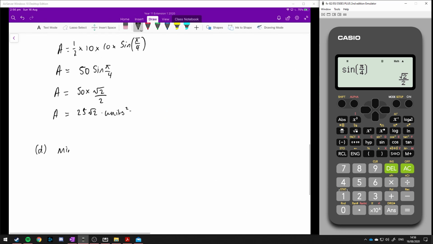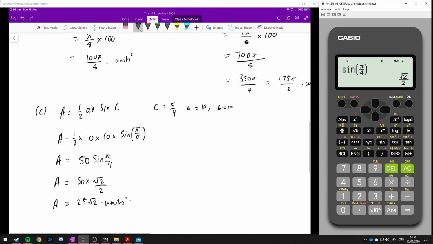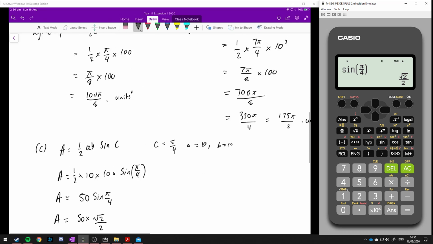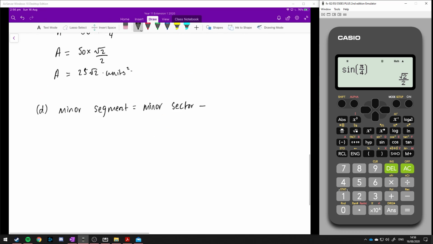So the minor segment is equal to the minor sector minus the triangle, so minus triangle AOB.